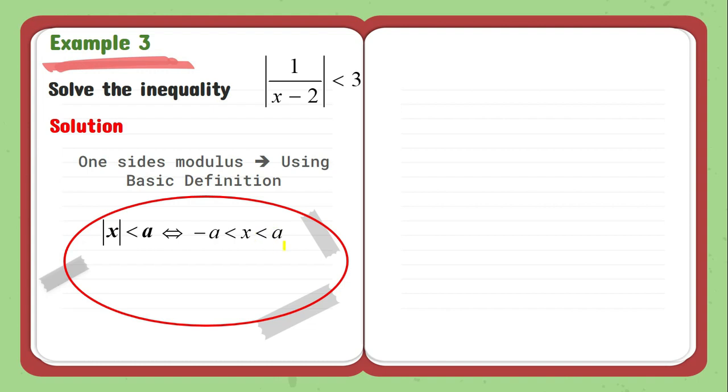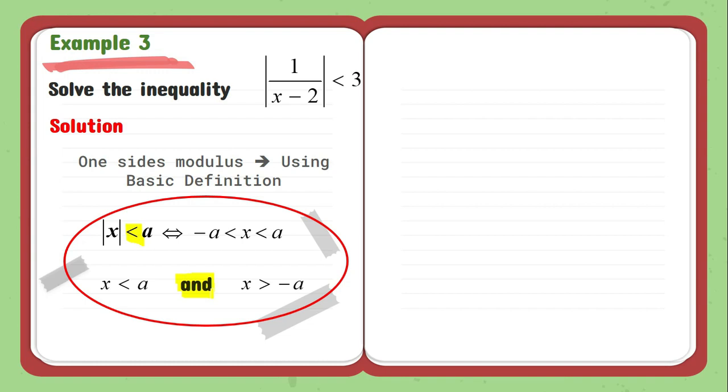Or we can write it in this form: x less than a and x more than negative a. You must remember, when we have absolute value and the notation is less than or less than or equal, we must apply 'and'.